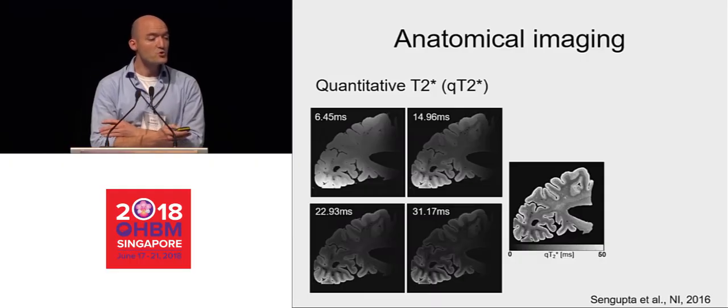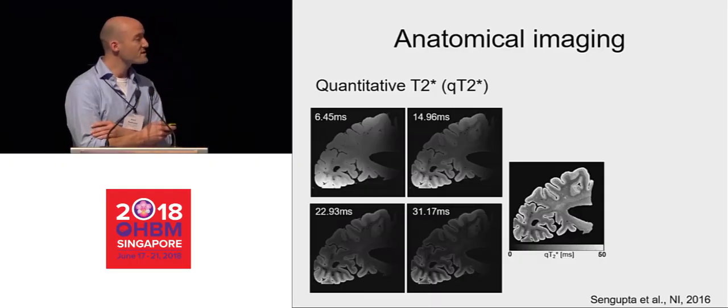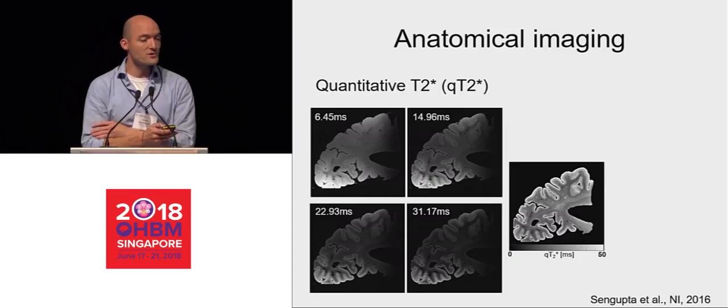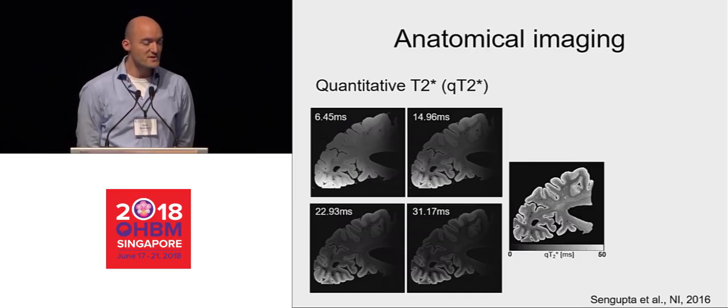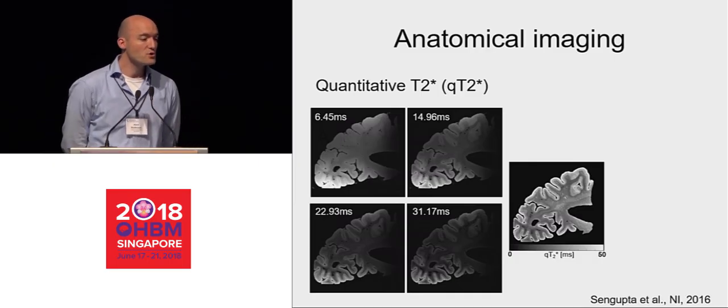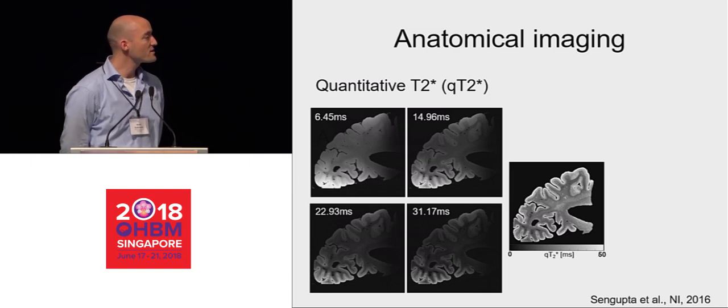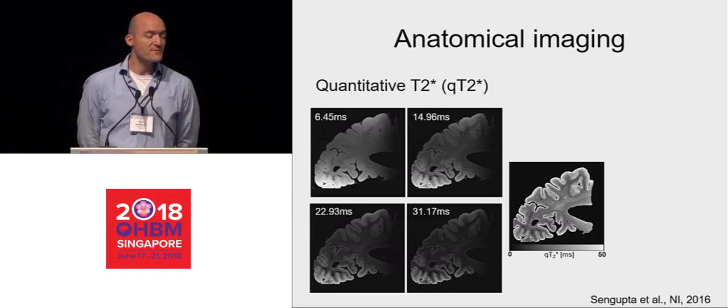The other thing that we could do, at slightly lower resolution, this is at 200 micron isotropic on the anatomical imaging, is to do quantitative T2 star imaging. This is where you get your gradient echo images at different echo times and do a robust fit of an exponential to that, so that you get a quantitative T2 star map, which you can see on the right over there.